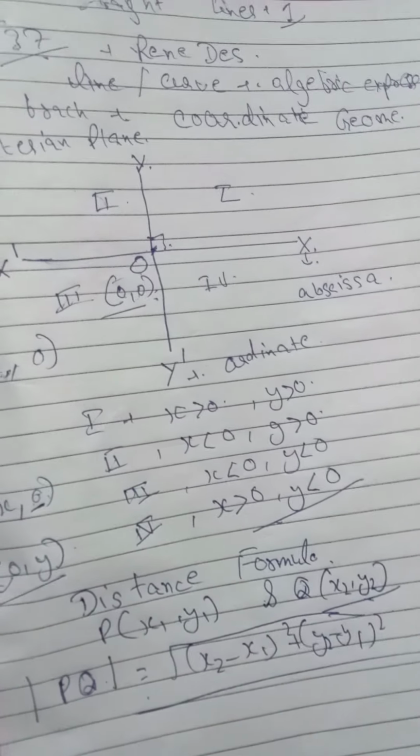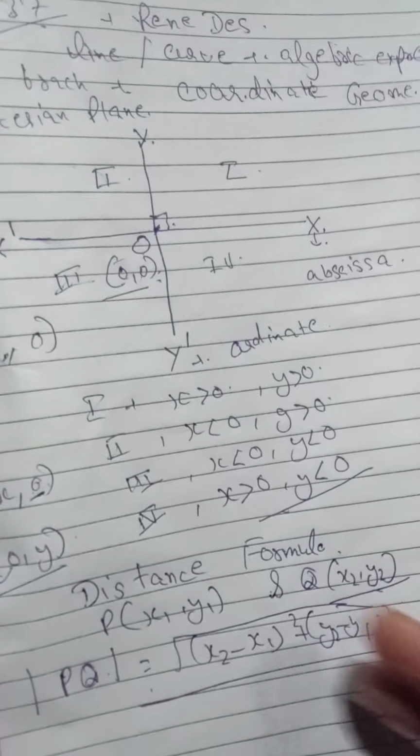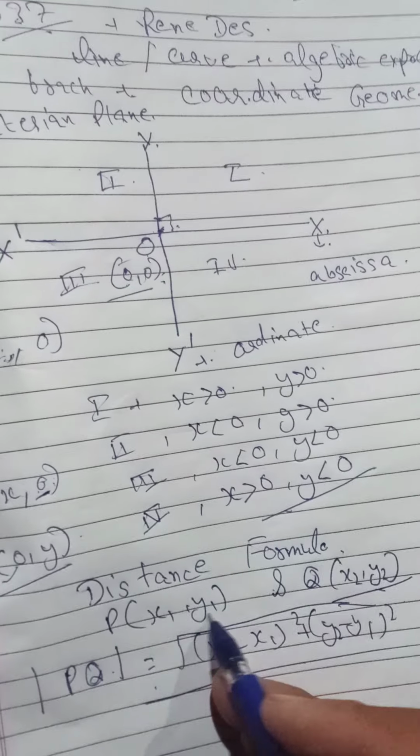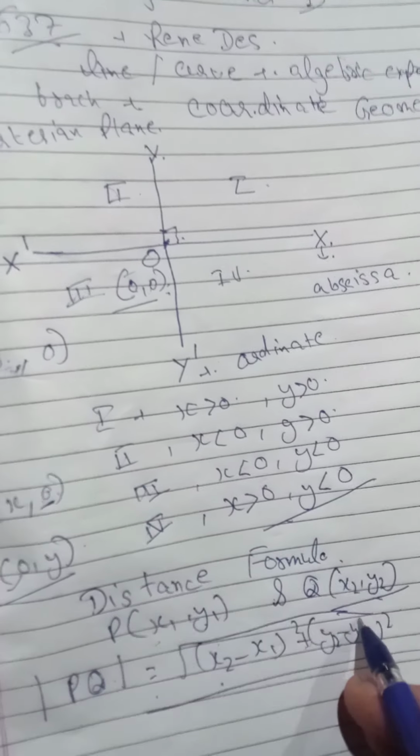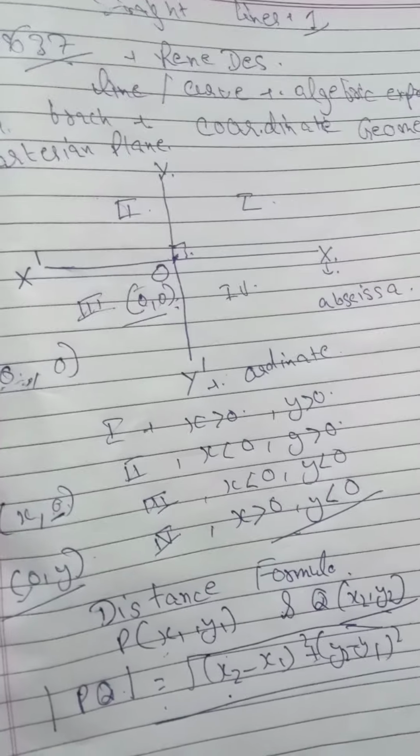This is the distance formula, and if you find the distance of any point from 0, then (x1, y1) will be (0, 0), giving the square root of x2 squared plus y2 squared.